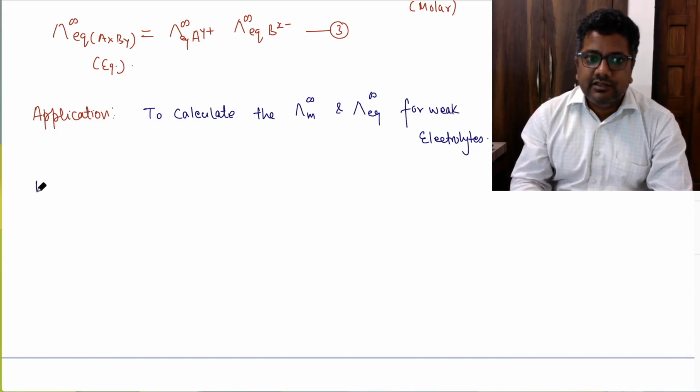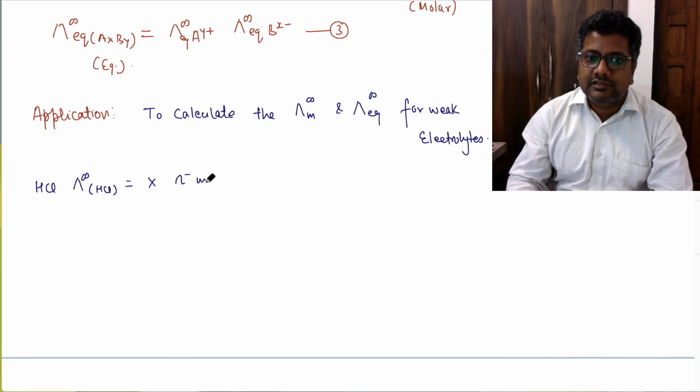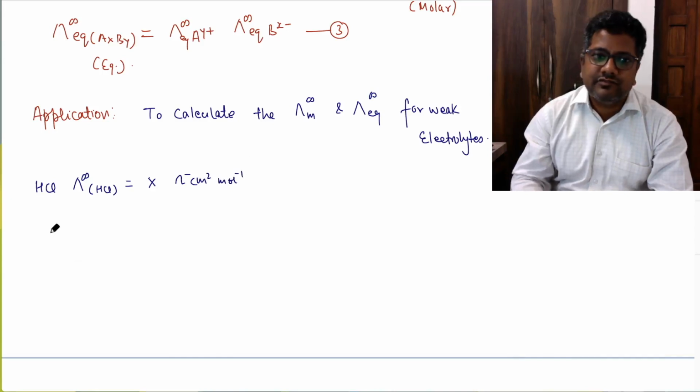Suppose that you have HCl, and the molar conductance at infinite dilution for HCl is equal to X ohm inverse centimeter square per mole, right?